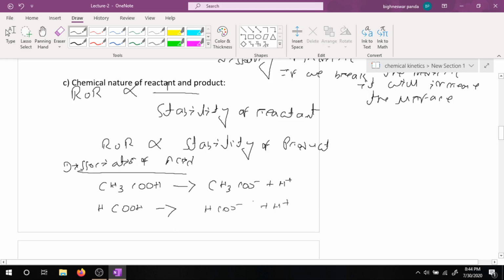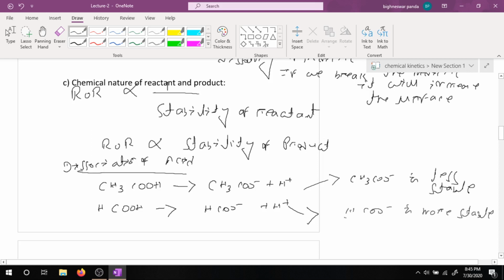In between two acids, which acid undergoes dissociation easily? CH3COO minus is less stable and HCOO minus is more stable.